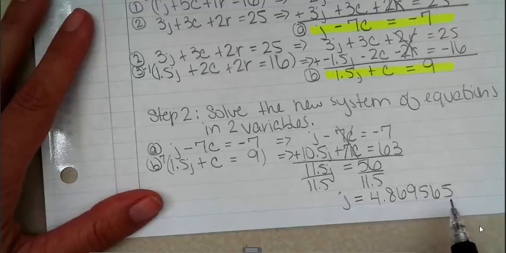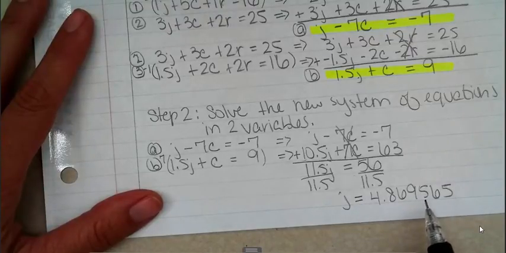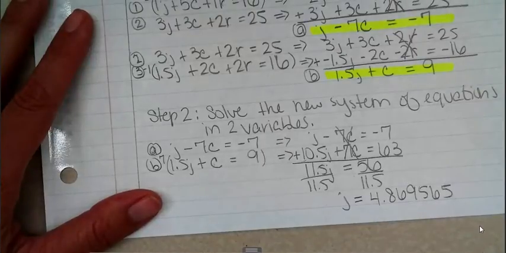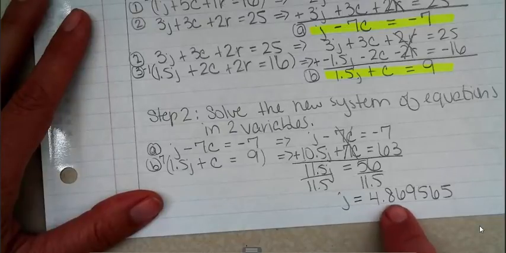Okay, here I'm using 6 decimal places. I'm going to go quite a ways because what could happen is that I could round too soon here, and then my numbers will be pretty far off. Okay, so by rounding too early in the game, you will have some issues. All right, so I know then that jelly beans are going to be about $4.87 a pound.